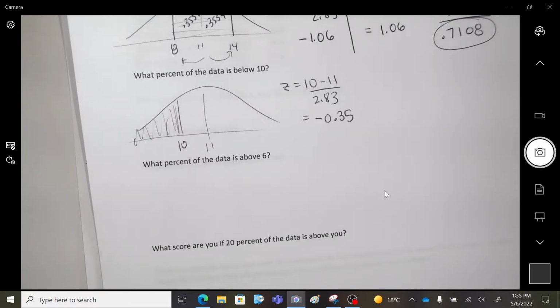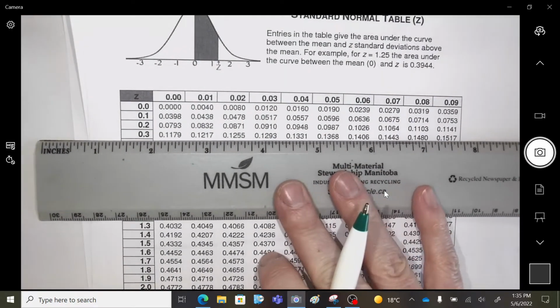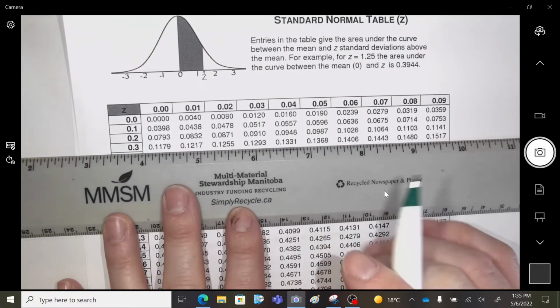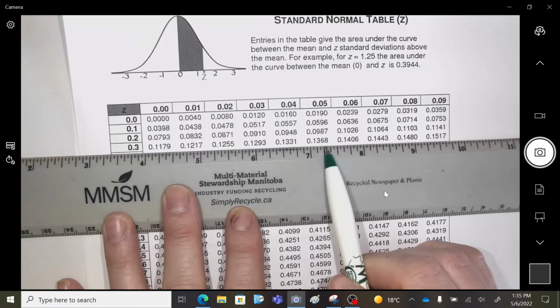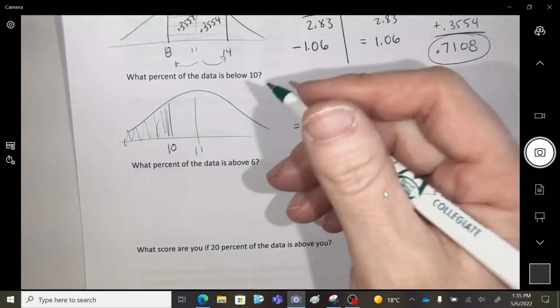Okay, so I made the 10 into a Z score. Now I'm going to do the table lookup with a Z score of 0.35. So 0.35 gets me to 1368 right there. So 1368.